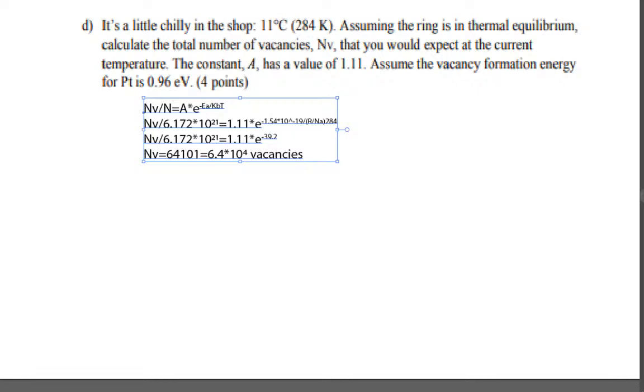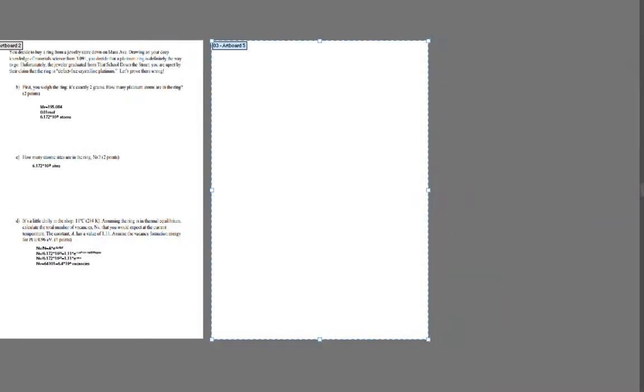Let's hope that that's correct, because I am not gonna check the real answers. So let's just add in the new artboard. Okay, there we go. Launcher 4. Screenshot that.